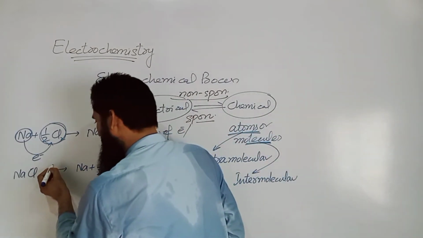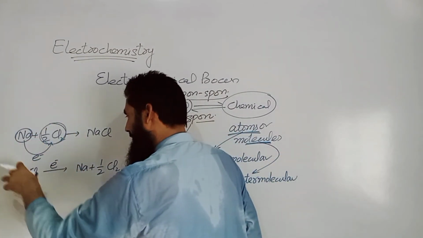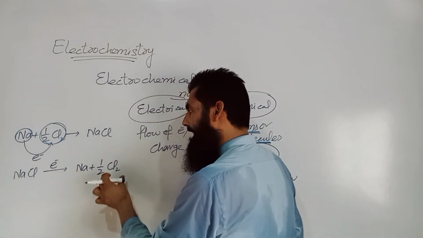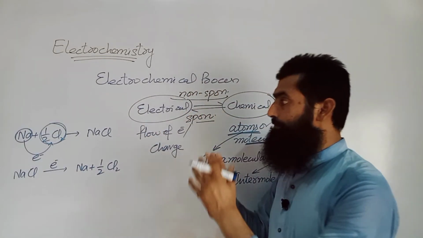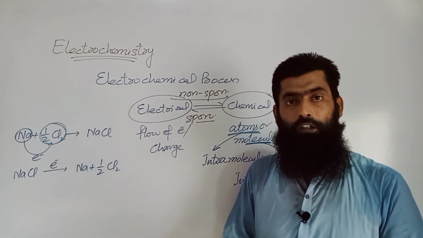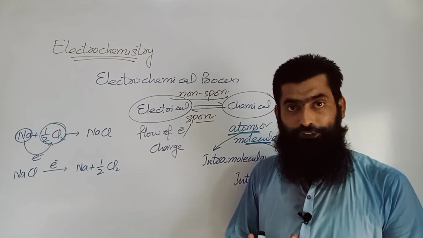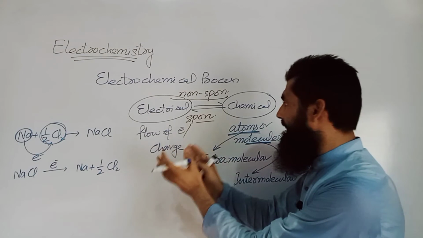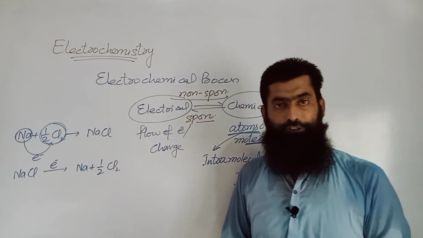The electrical energy provided externally to sodium chloride will convert it into sodium and chlorine. This process undergoes in a special chamber which is known as a cell. A cell is a chamber in which the conversion of electrical energy and chemical energy takes place.